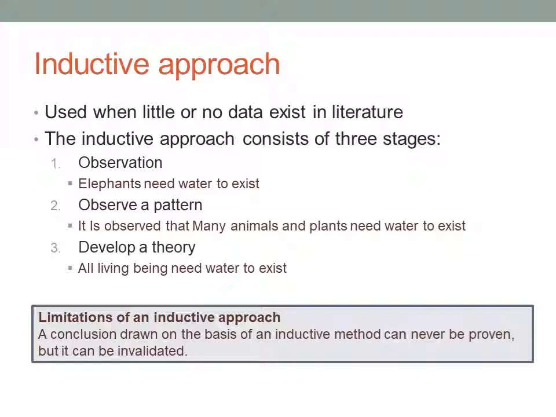When the technology improves, there will be new observations coming, so the theory that you have developed may be invalid after a certain level of time with the expansion of science.